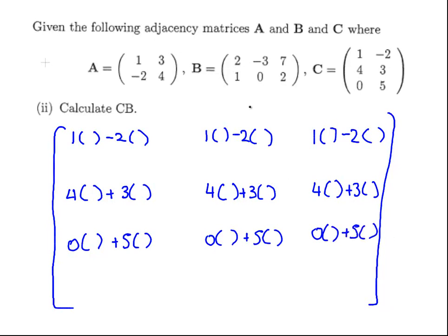Now that I have it set out, those are the rows, and in each case I'm going to put in the values from each column of B. The values for the first column of B go in here, 2 and 1, in each case. The values from the second column of B go in the middle: minus 3, 0.